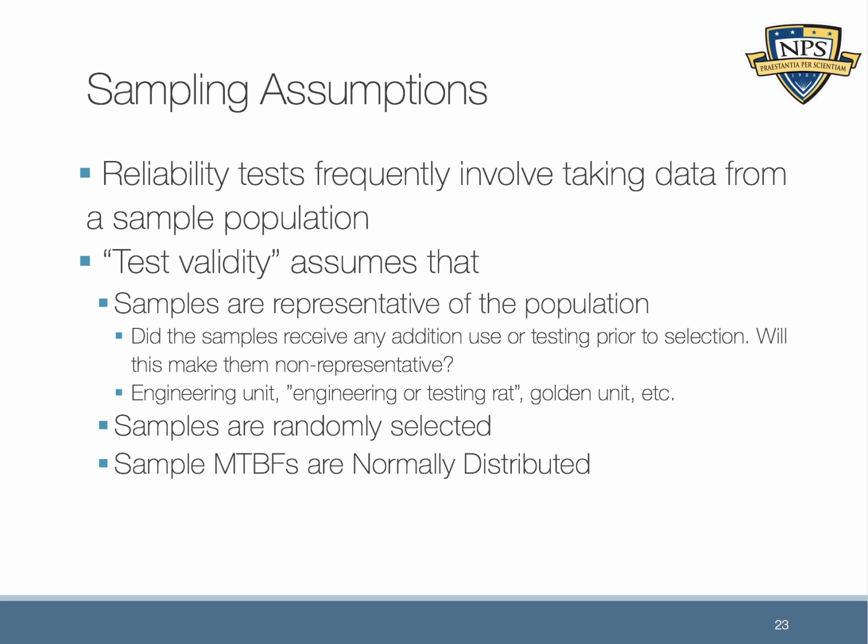So for example, I've mentioned some terms down here: engineering unit, engineering rat or testing rat, and golden unit. These are terms you may or may not be familiar with that are good to be really aware of when you're doing testing. So engineering units, from what I've seen, are units that typically get tested over and over.